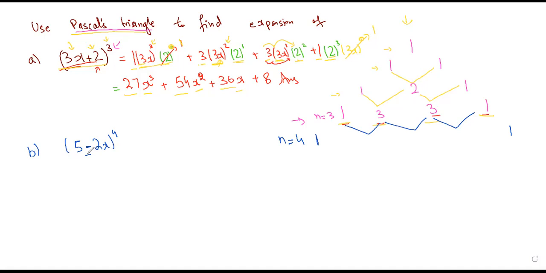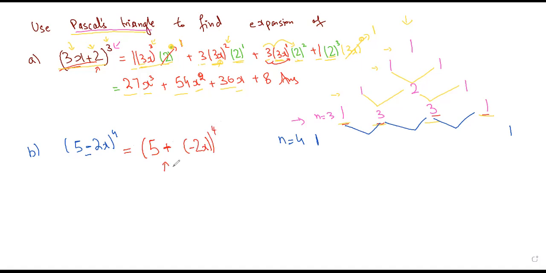Now remember, this is a rule in maths. If you have a formula in general that is for plus sign, you will think about this minus sign as it is with minus 2x. I'll tell you again. You can rewrite it as 5 plus minus 2x to the power 4.